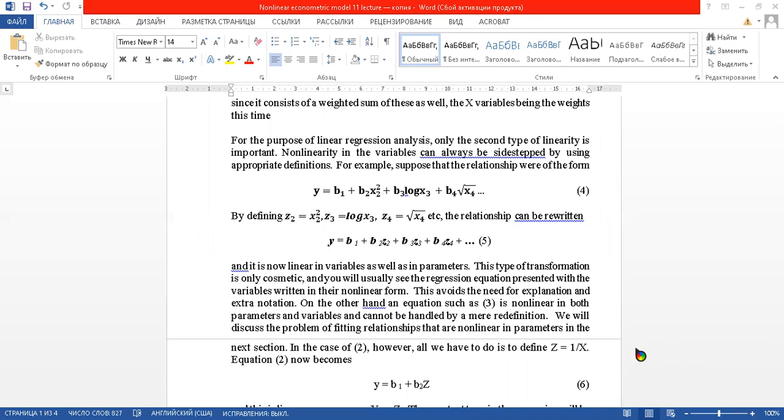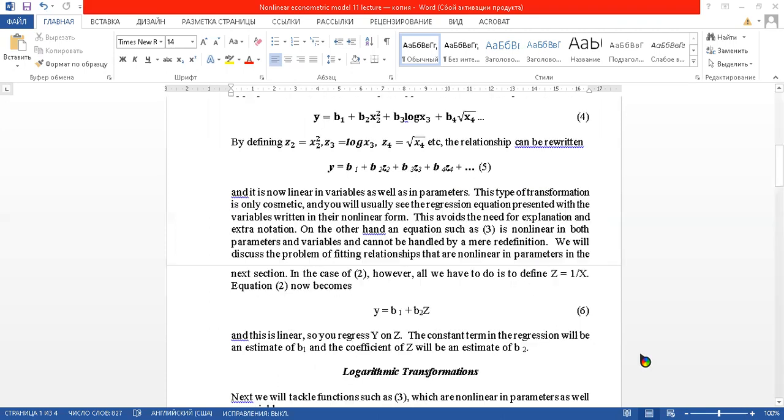In case 2, however, all we have to do is define z is equal to 1 divided by x. The equation now becomes y is equal to b1 plus b2z, and this is linear.